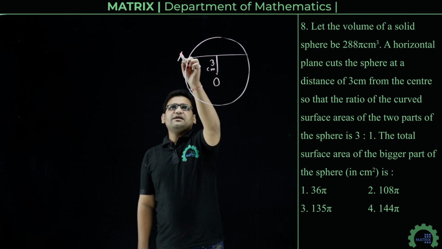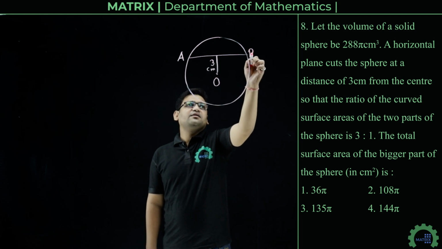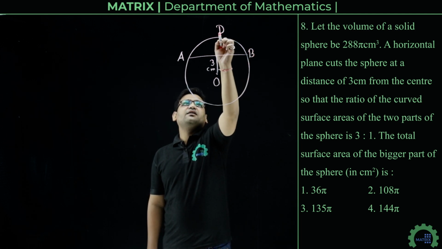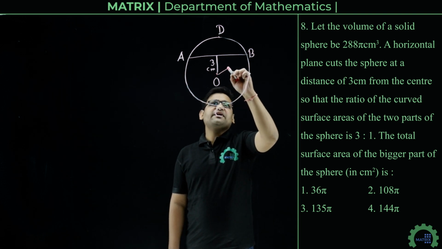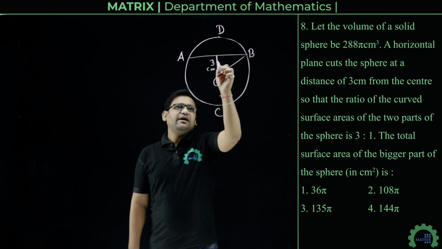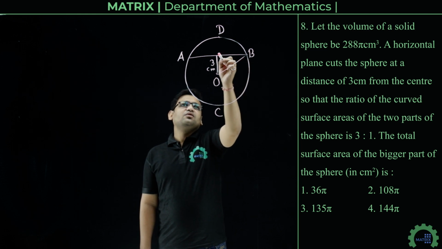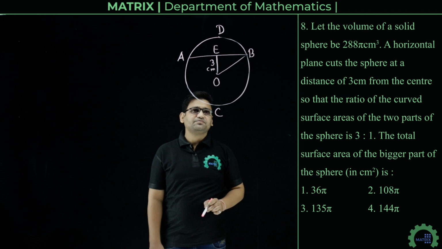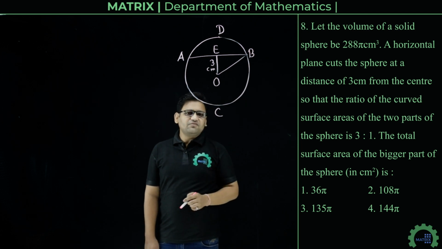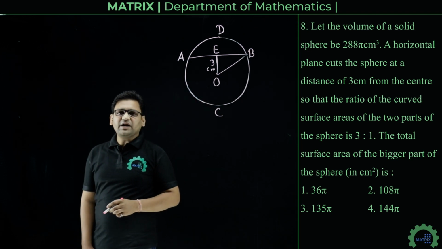Let's say this part is AB, this point is D, this is C. So OB is the radius of the sphere, and the distance OE is 3 cm.